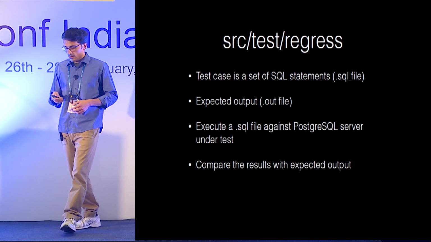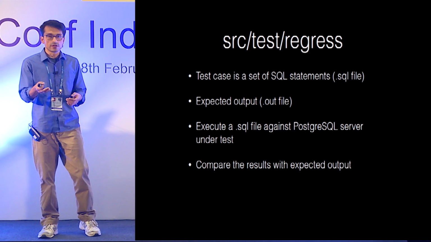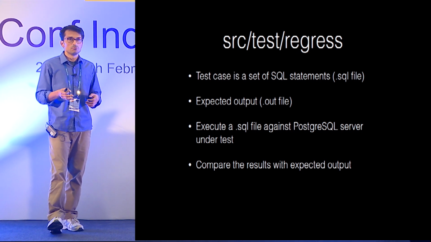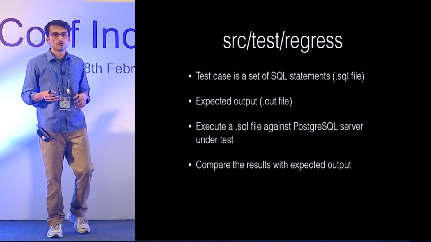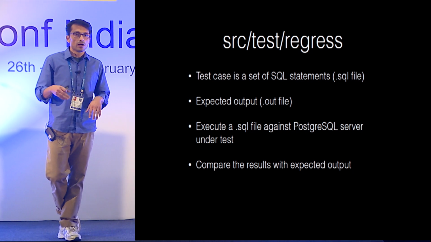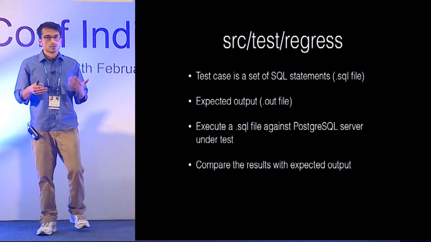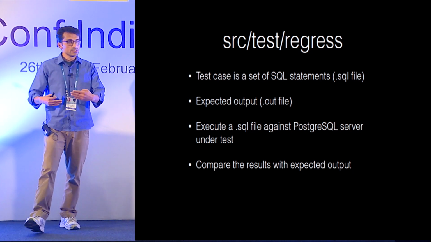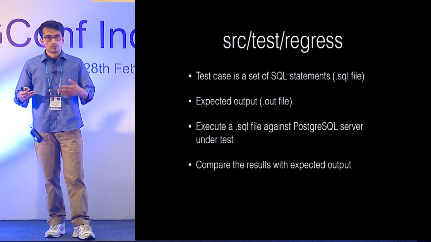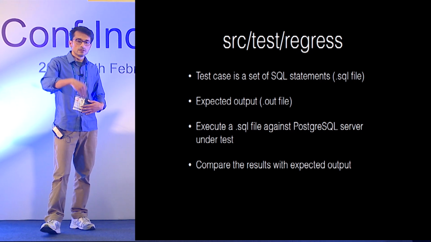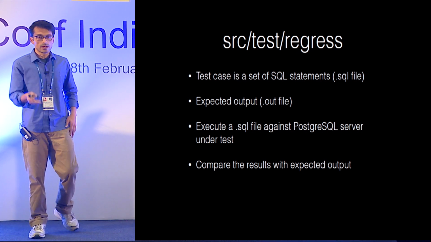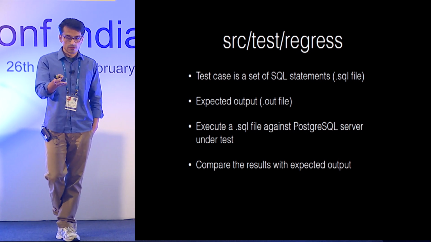Pretty simple. For example, if you write your own planner node or a different alter table command, right? So you compile the source code with your changes, run the Postgres instance, and write a test for that alter command using this Regress framework.